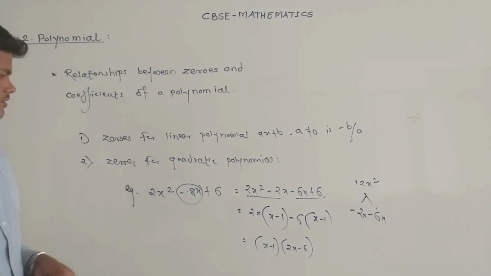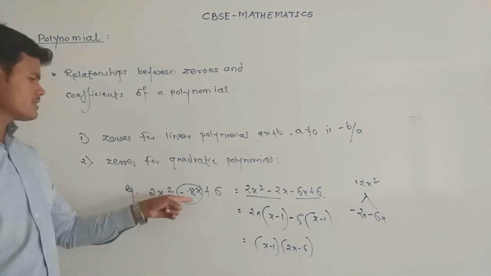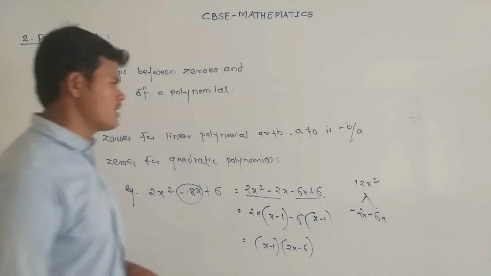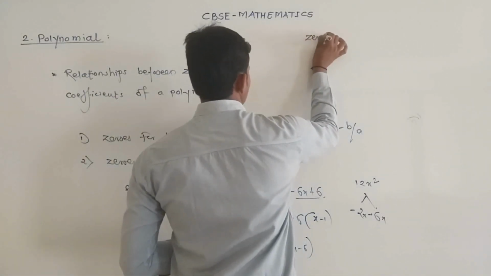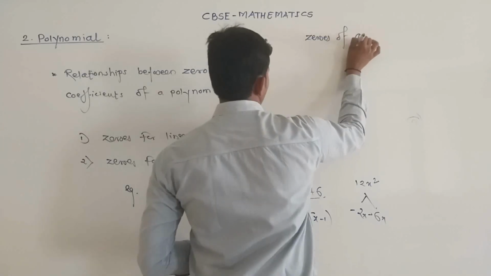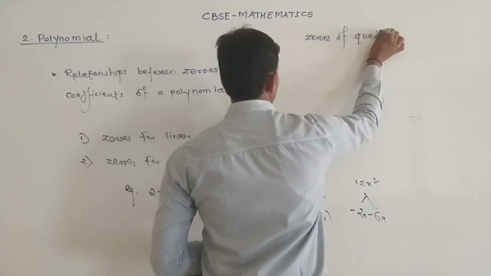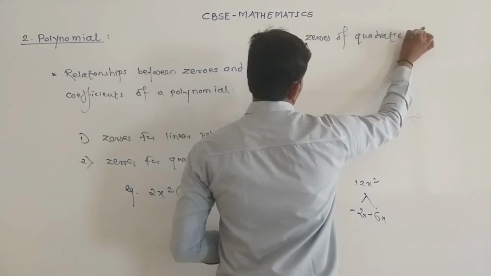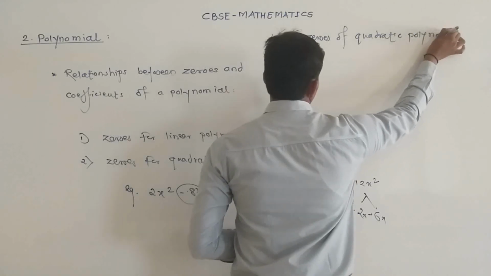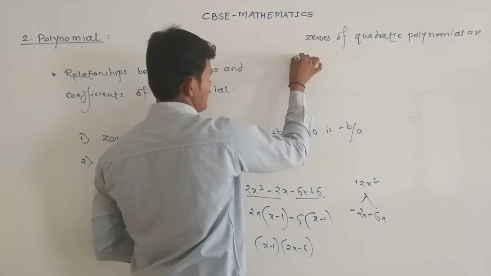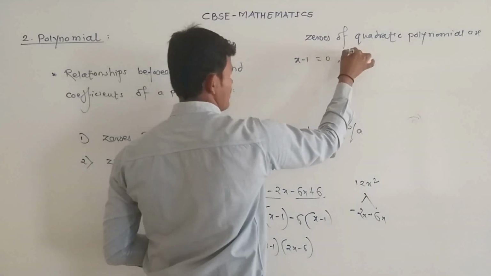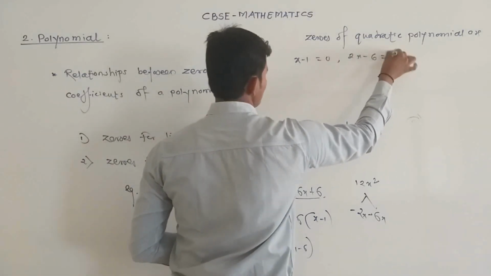Now the zeros of 2x square minus 8x plus 6, the zeros of the quadratic polynomial, are when x minus 1 is equal to 0 and twice x minus 6 is equal to 0.